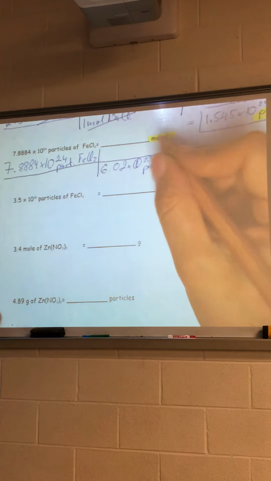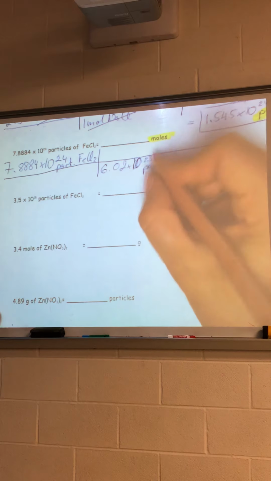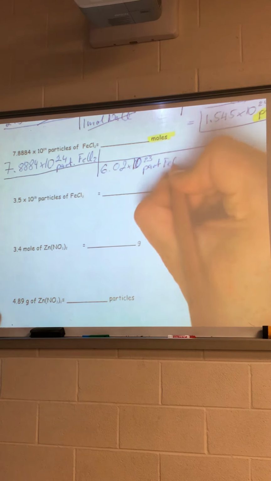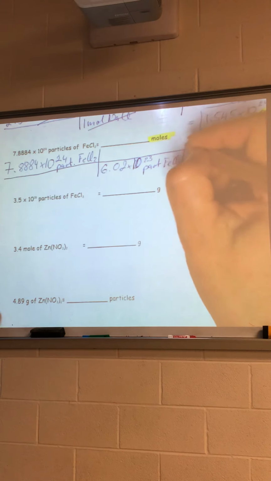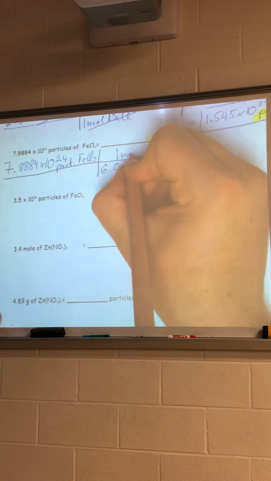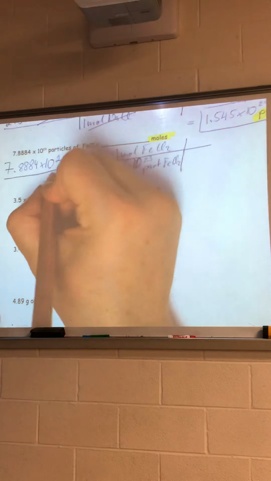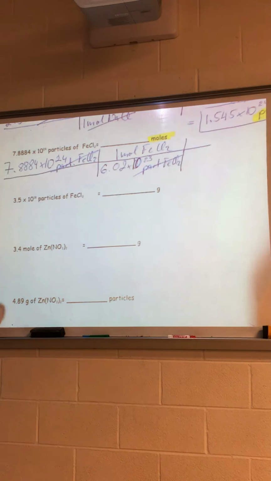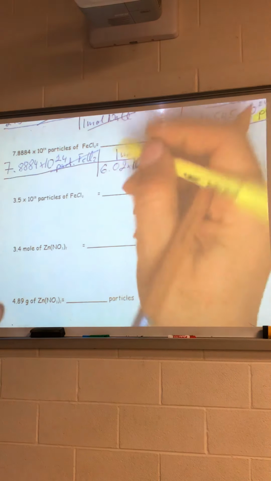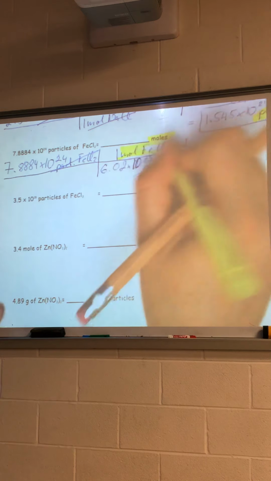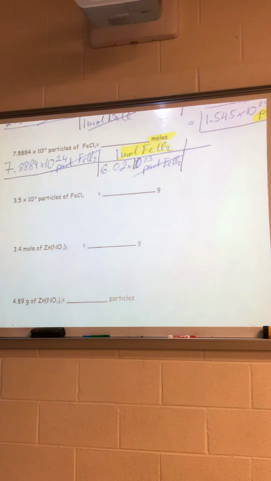Very good. That's a 10 of FeCl2. And what do I get? That's for 1 mole of FeCl2. Particles and particles cancel. And you have your top in moles, which is exactly what you want, and you know you're on the right track.